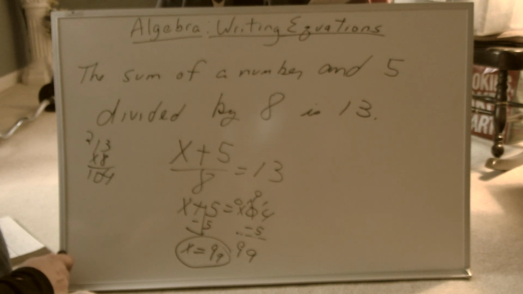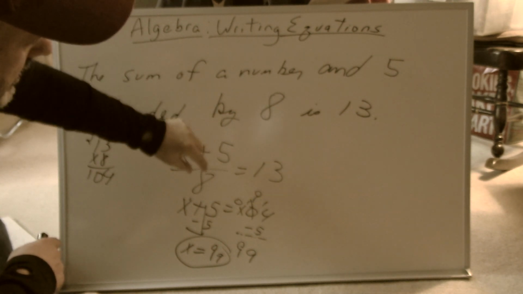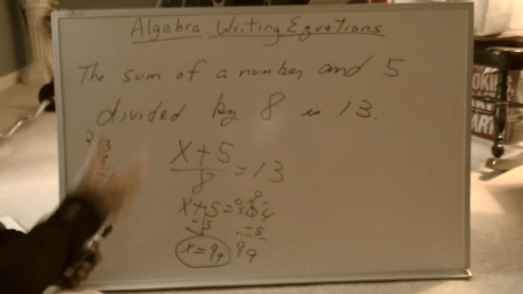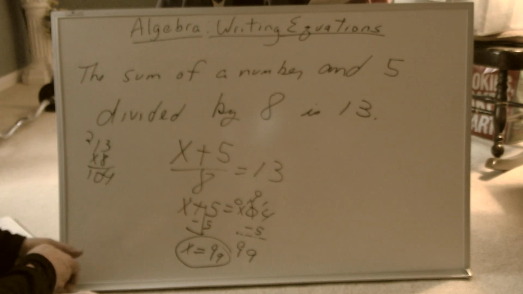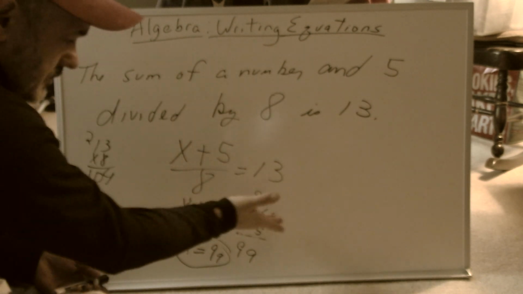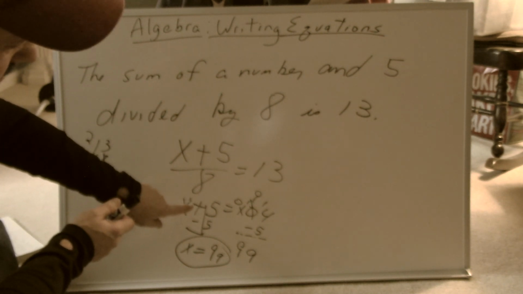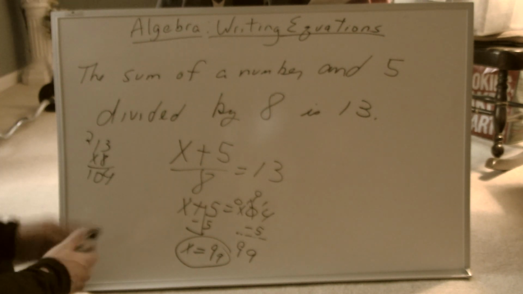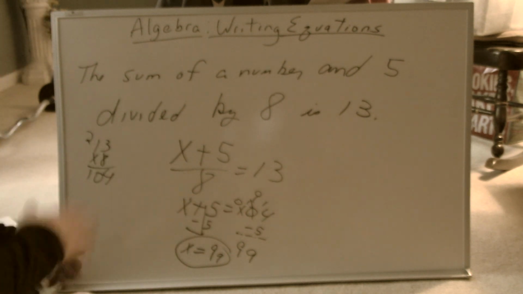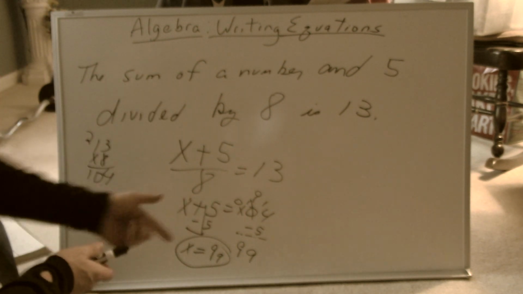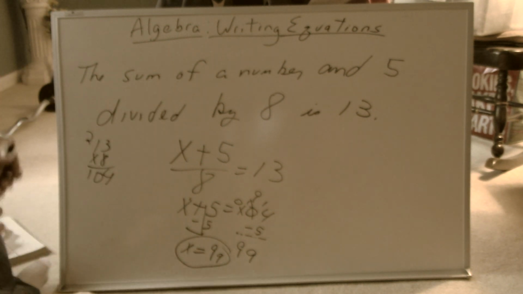In this case, this is the kind where you have a binomial divided by an 8 equaling a number. So you have to multiply first, then you get this type of problem where you just have addition or subtraction, and you just distribute if you can, but you can't, so you combine like terms, and then you divide.